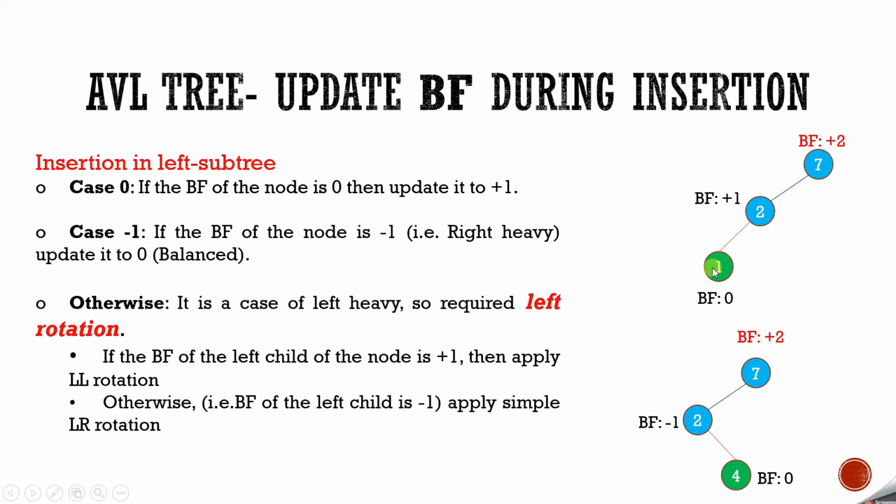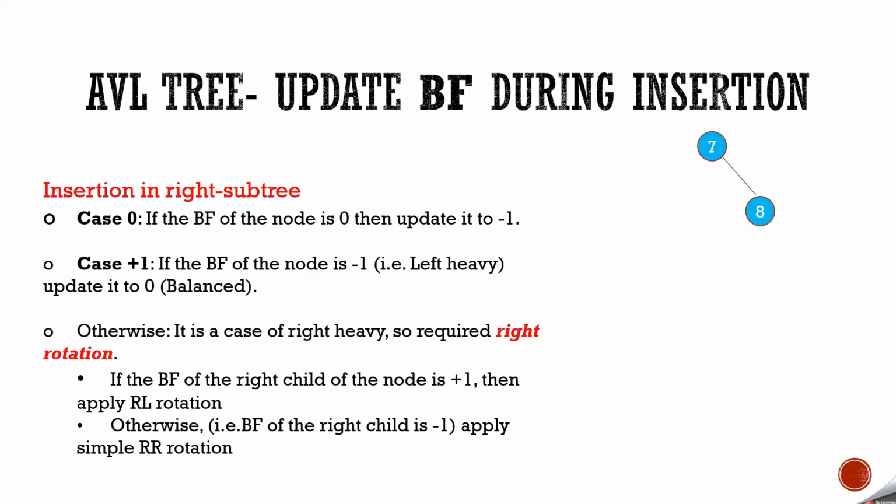So in that case, we will apply left rotation. But otherwise, if after updates the balancing factor of the left child of a node whose balancing factor became +2 is -1, then I'll have to go for double rotation, that is left-right rotation.